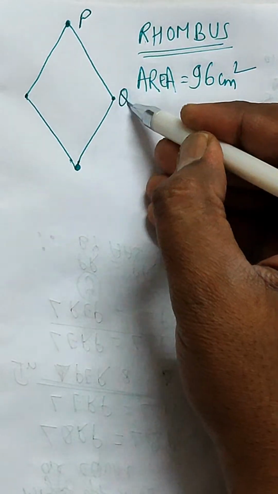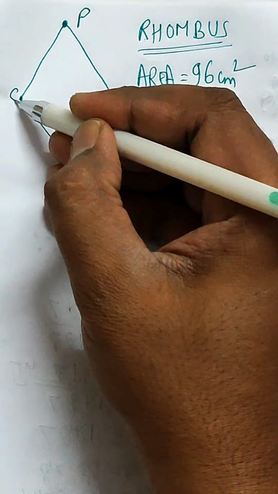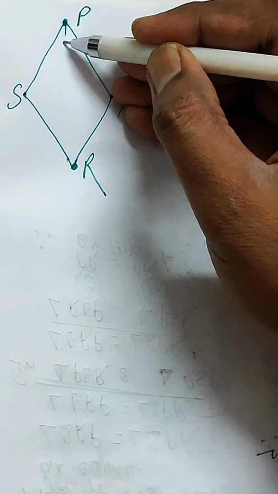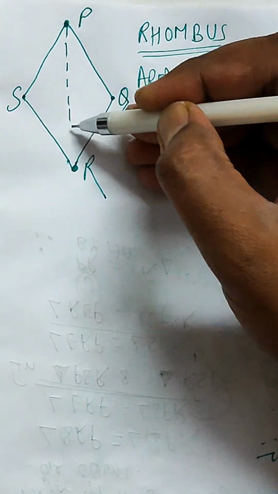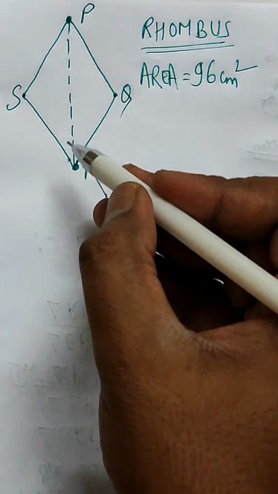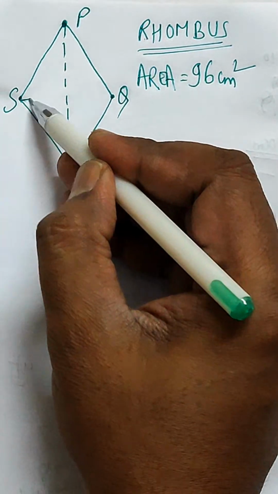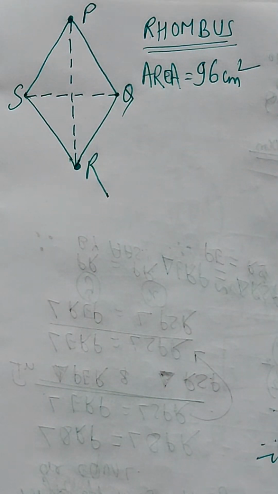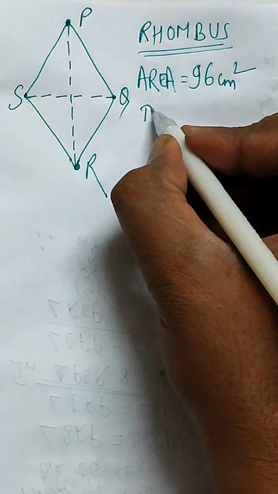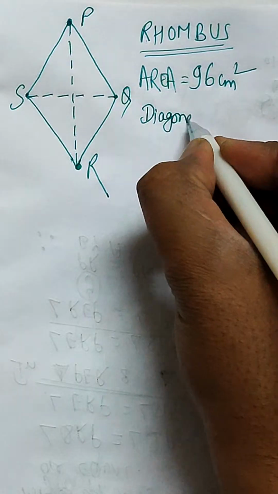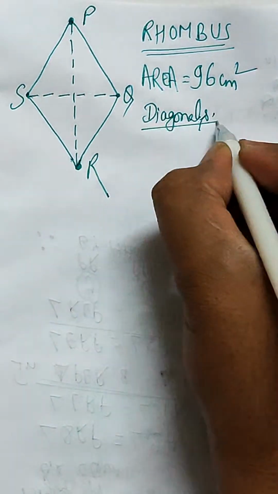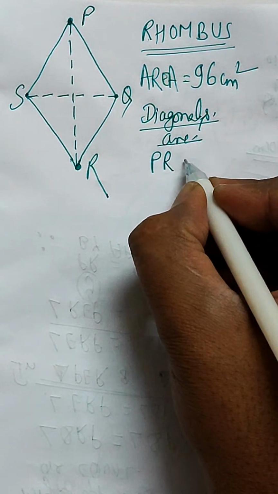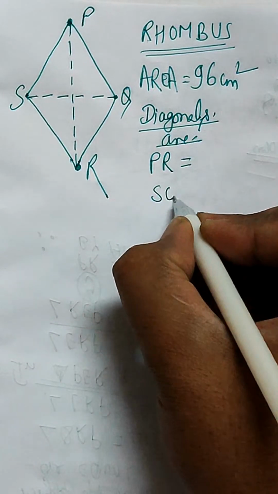P, Q, R and S is the rhombus, right? Then this is one of the diagonals, PR, and this is another diagonal, SQ. So the diagonals are PR and SQ.